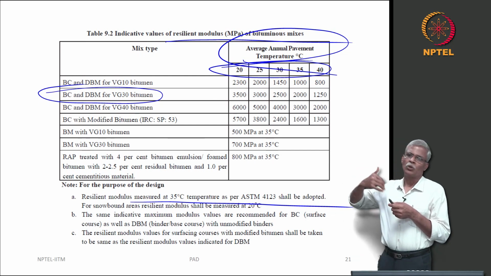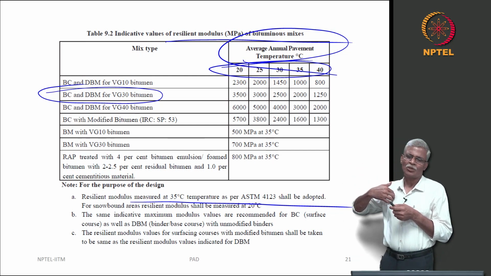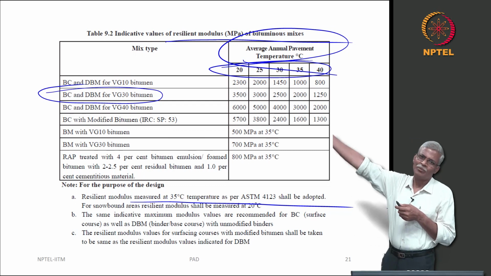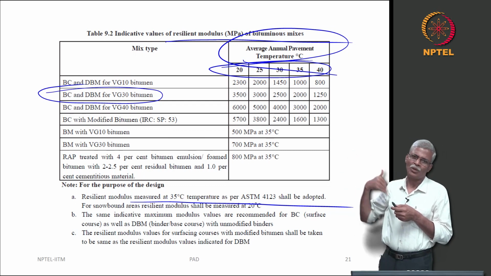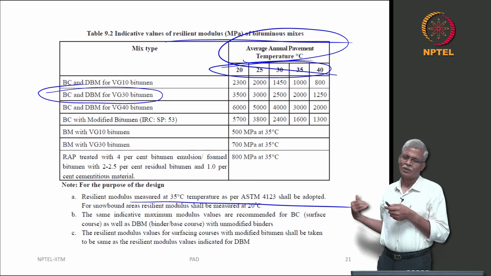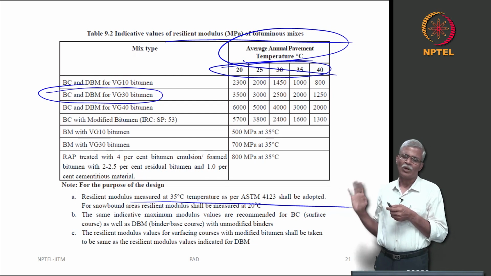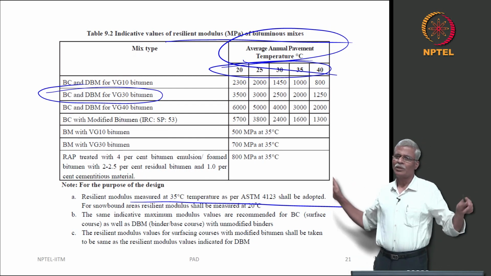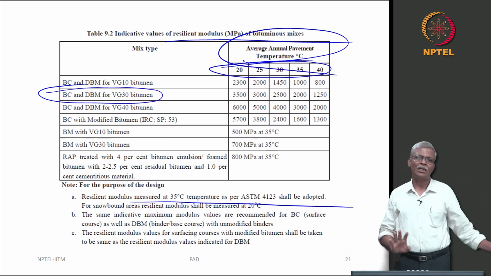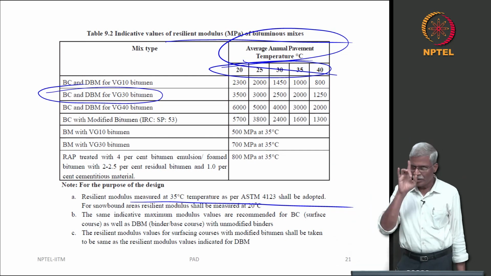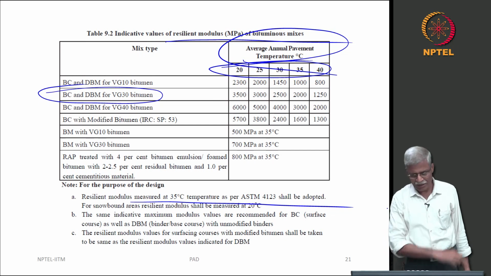That means you are not going to ask me to use a separate high temperature equation, a separate low temperature equation, and separate modulus values, but you want me to use a modulus value that is an average of high and low temperature. Okay. So that is where the crux is, right.